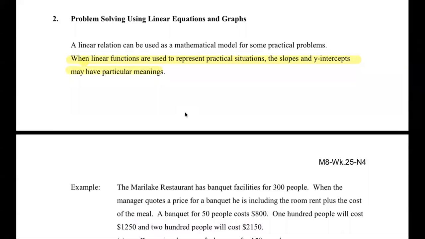When we deal with linear relations and graphs in pure math, which means if we don't give any real meanings to the slope or intercepts, then slope merely measures how steep a straight line is. It doesn't have any real life meaning. The y-intercepts don't have any real life meaning either. But in word problems, the slope of a straight line and the y-intercepts all have real life meaning. Okay, so we'll see what that means in the example.